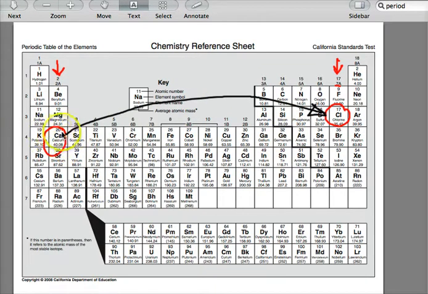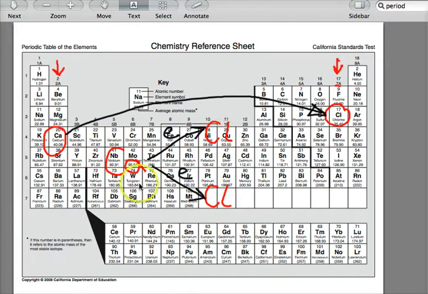The answer is yes, they can, but calcium wants to give away 2 electrons. For that to work, calcium is going to need to team up with not 1 chlorine atom, but 2 chlorine atoms. Calcium has 2 electrons to give. It's going to need 2 chlorine atoms to give its electrons to. 1 electron to this chlorine atom, and 1 electron to this chlorine atom.